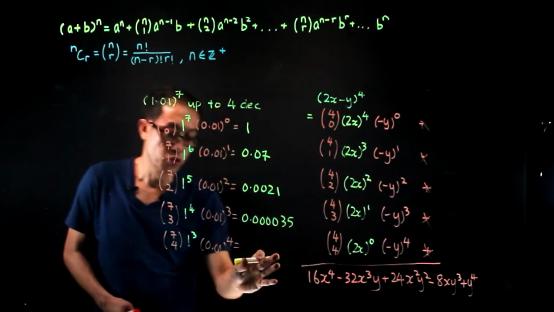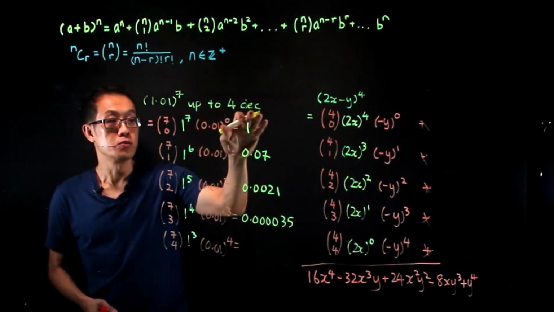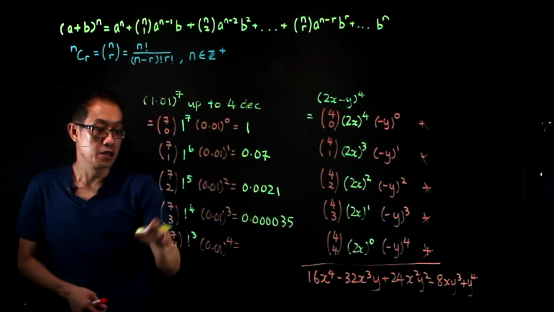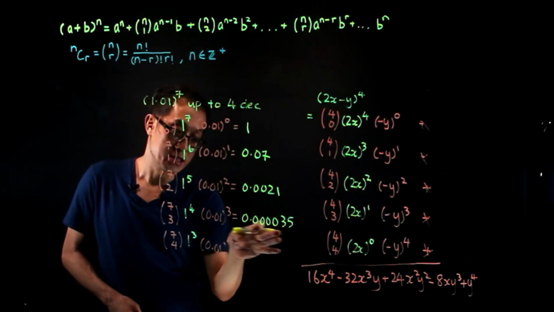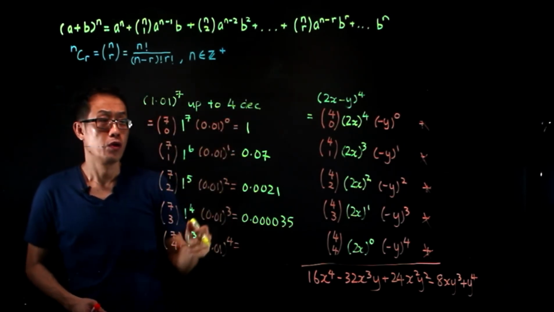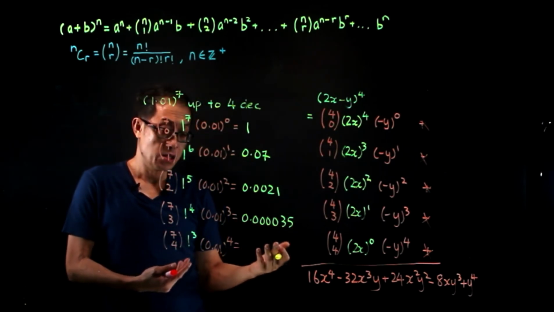Now this one you don't need to do anymore. Why? Now the question asks you to expand up to 4 decimal places. For this, we already reached the 6th. So when they ask for 4, you must do up to 5, alright, or 6.